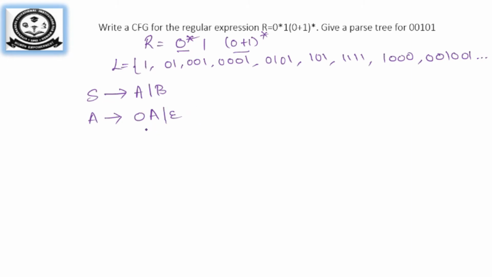So after multiple zeros, A can be made epsilon. Now B can have either 0 or 1, so B is equal to 0B or 1B, or it can be epsilon. So let us check whether the given string 001 and 01 can be accepted by the grammar or not.